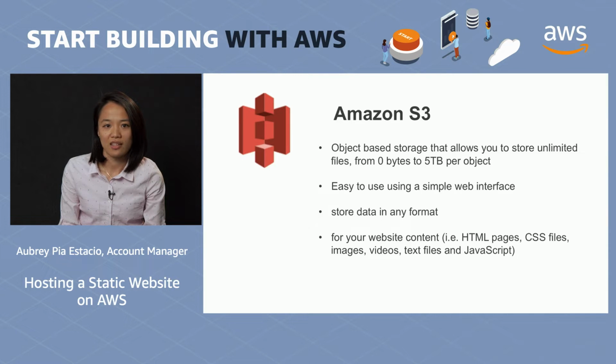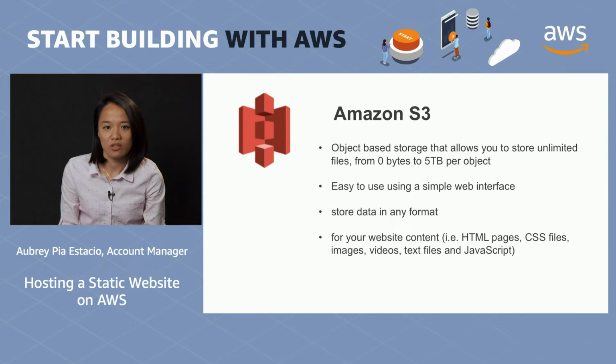You can store data in any format. For example, your website content, you can store HTML pages, CSS files, images, videos, text files, and JavaScript files. And each object size in S3 can range from 0 bytes to 5 terabytes.